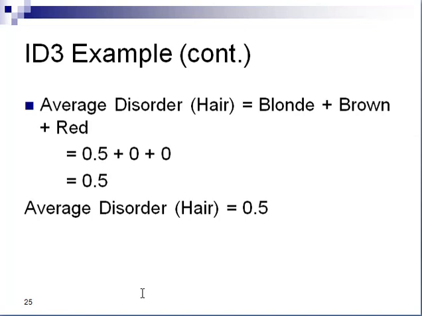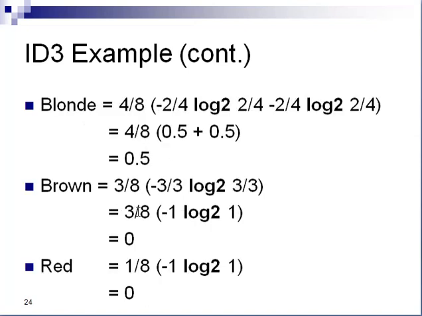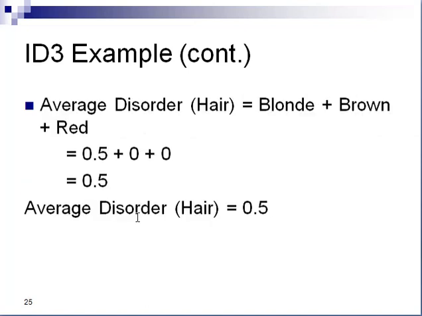With these 3 values we can calculate the average disorder for this hair attribute, blonde plus brown plus red. Combining all 3, it comes out to be 0.5, and hence the average disorder for this particular hair attribute is 0.5.